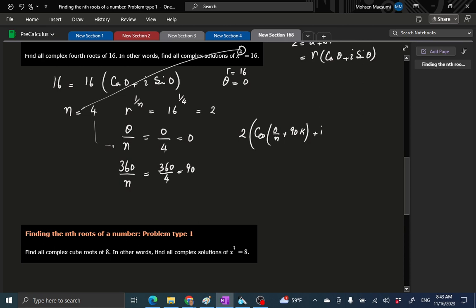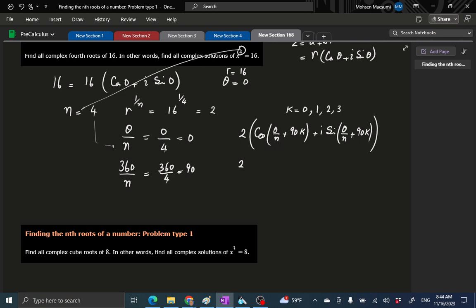Plus i sine of theta over n plus the same 90k. What does 90k mean? That's the rotations that we are going to go through. First one is the first vertex, then the second vertex, third vertex, fourth vertex. By the time we come to 3, we stop. We don't need to go to 4. 4 is going to take us back to where we were.